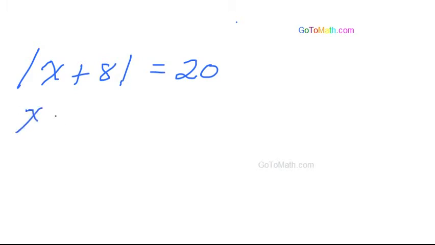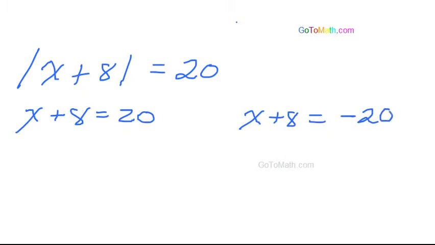So we have x plus 8 is equal to 20. And then we're going to rewrite this again. X plus 8 is equal to, now remember we multiplied this by negative 1, and so that gives us negative 20. See that? Alright, so we're going to solve this equation, solve that equation, and that should be both of our solutions to the original equation.